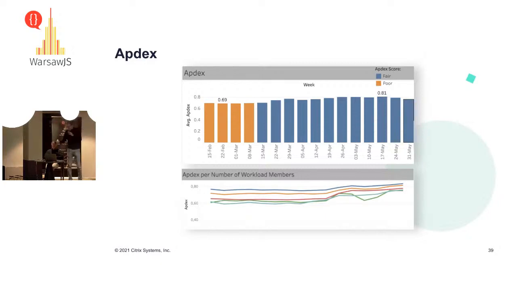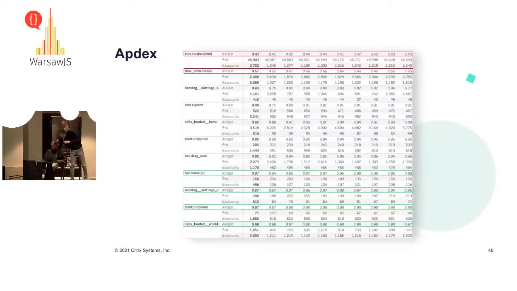At the bottom chart, you can see the green line, for example, is Apdex for a peak account, and it was really painful in January, but it became much better now.